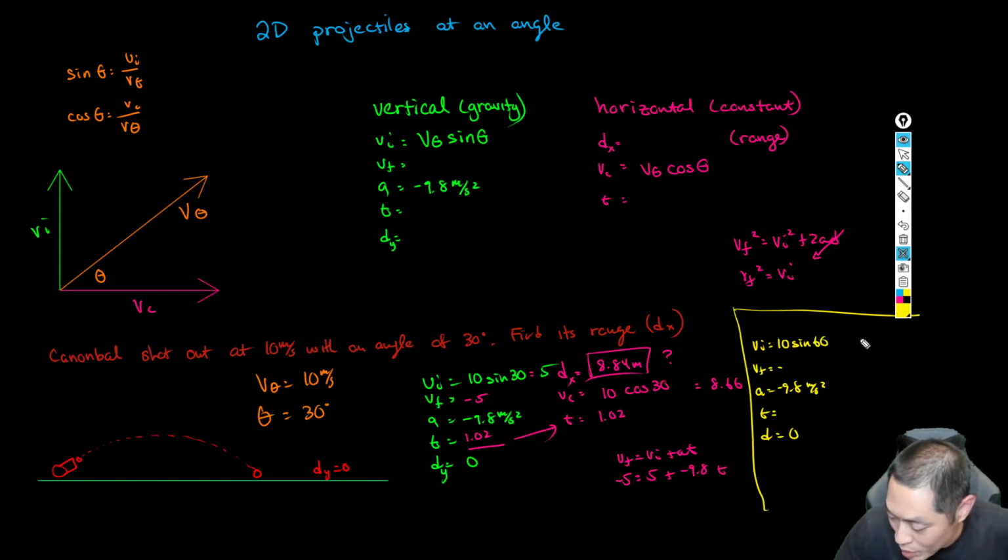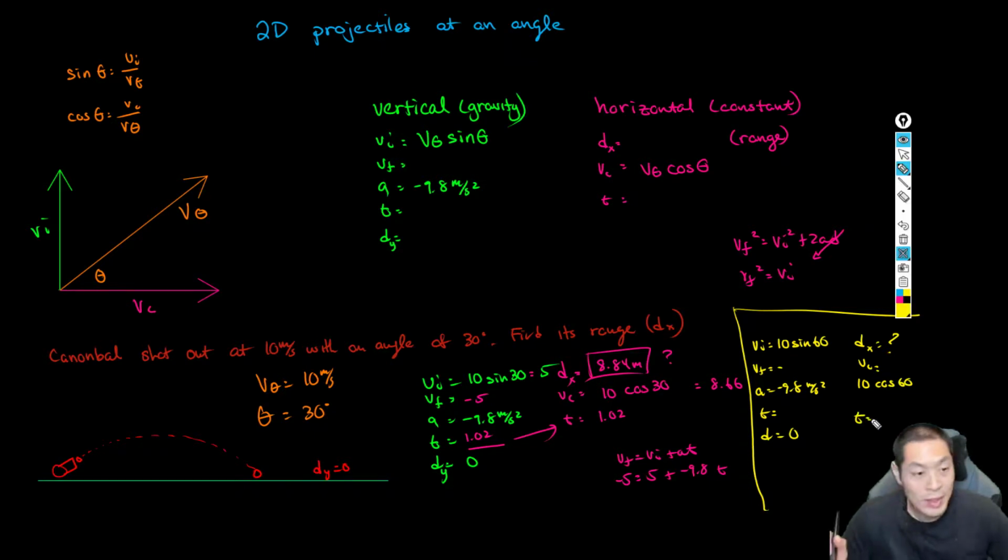And the reason why we want to know T is because we need it for this side. We're still trying to find this. I'm running out of room, so I'm going to cram it in, but it's going to be 10 cosine of 60. And then we have T. All right, so in trigonometry, 0, 30, 45, 60, 90 are important angles.